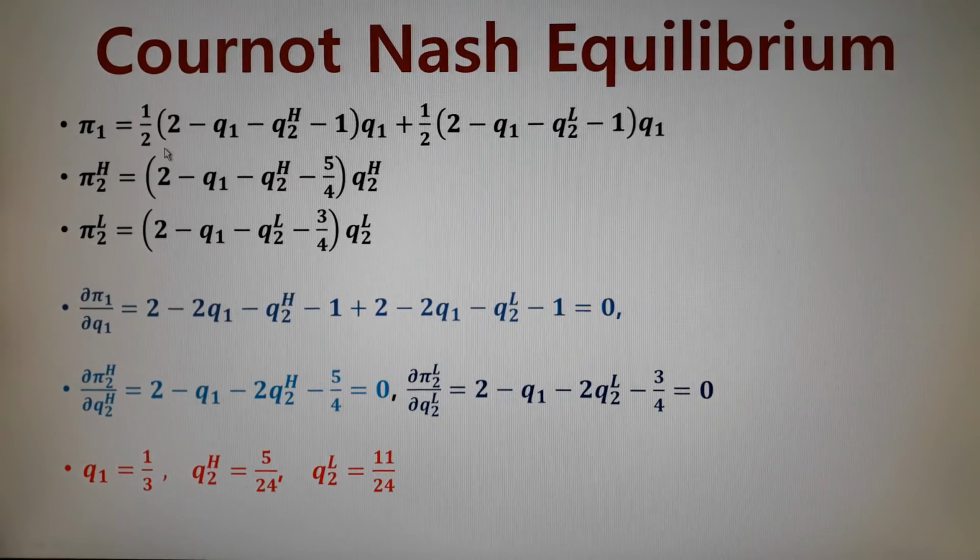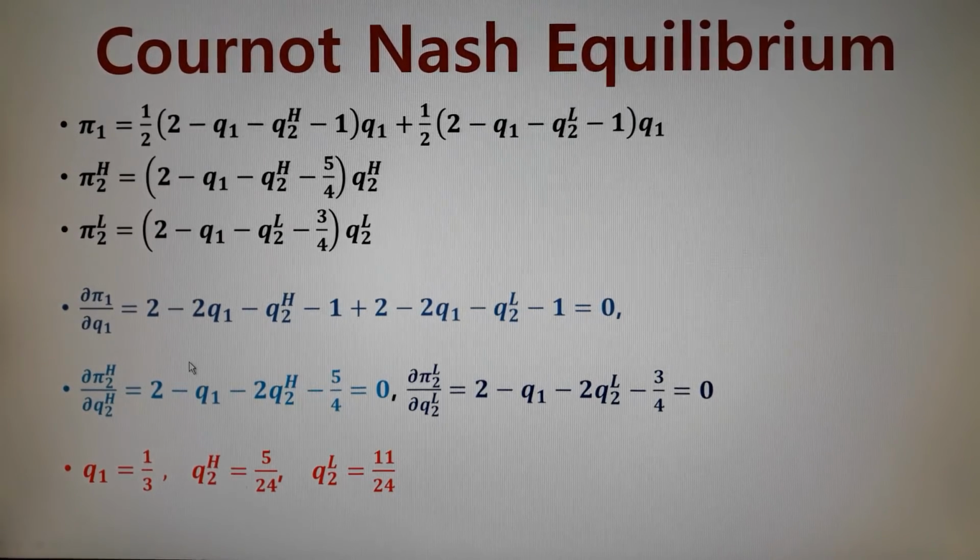So it's going to be 2 minus Q1, because Q1 is multiplied, and Q2H, Q1. Q2 is square, that's why we have this. And here, it's likewise 2 minus 2Q1 minus Q2L minus 1 equals 0. So you differentiate pi 1 with Q1 and set it 0. That is the first order condition.